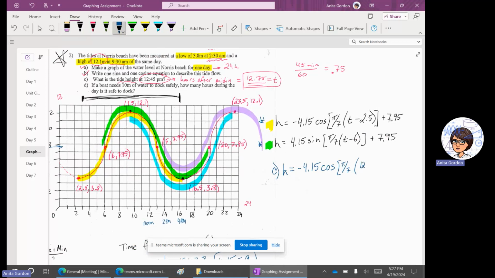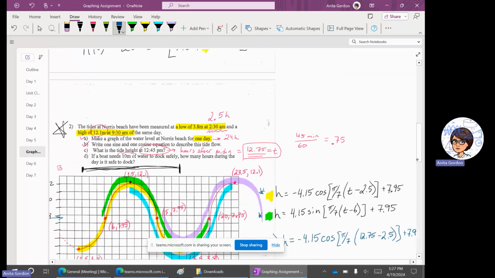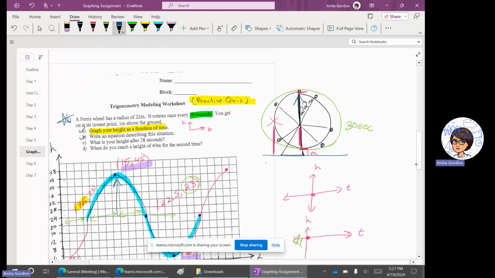What's my time? 12.75 minus 2.5 plus 7.95. If you are using a graphing calculator, you can type exactly what I have here, and it will spit out an answer.